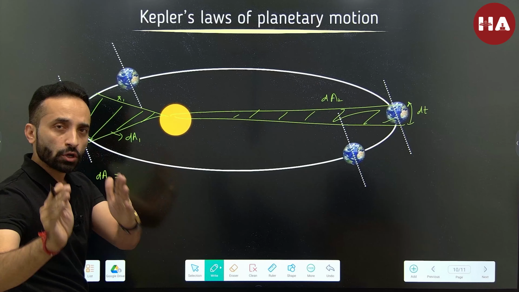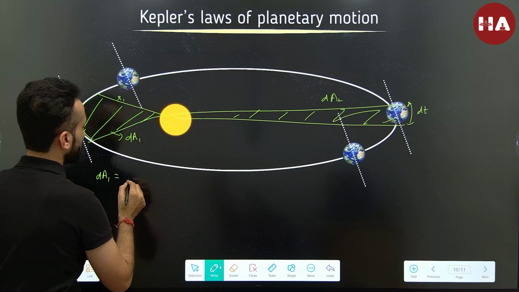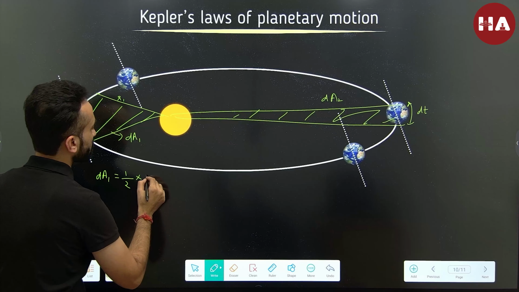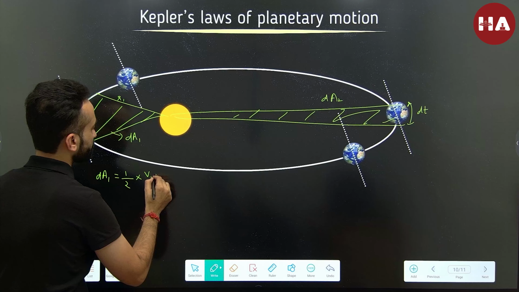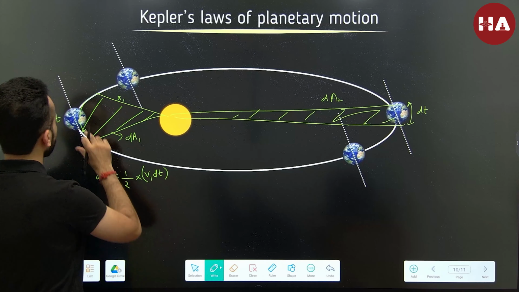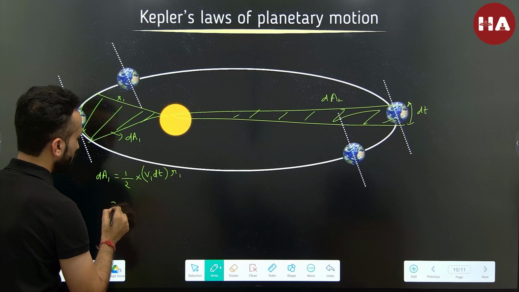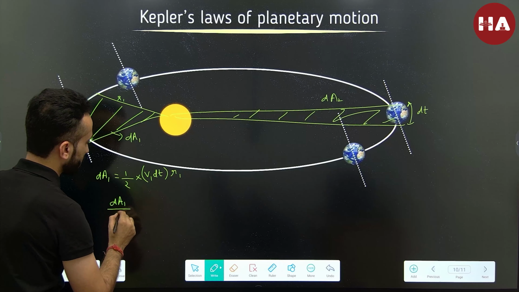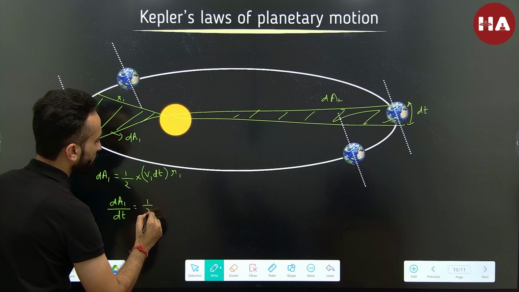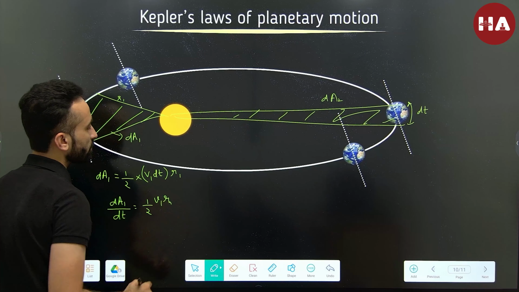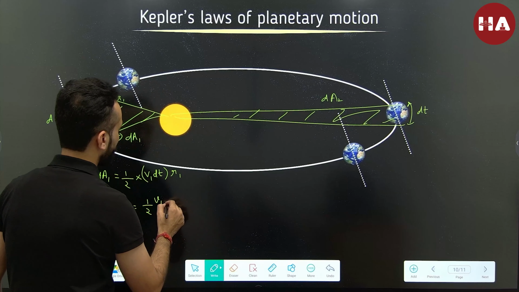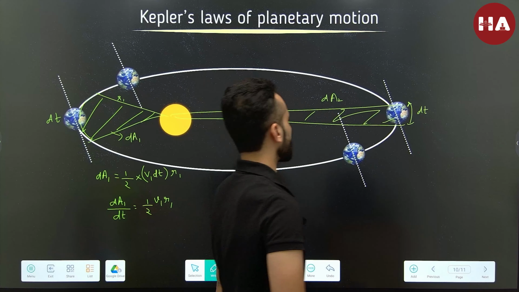Whenever we talk about velocity, that's instantaneous velocity. So that's going to be half times base times height. So base is going to be V1 into dt, and height is approximately, let's say, R1. So dA1 by dt is going to be half times V1 times R1, right? That is the aerial velocity.